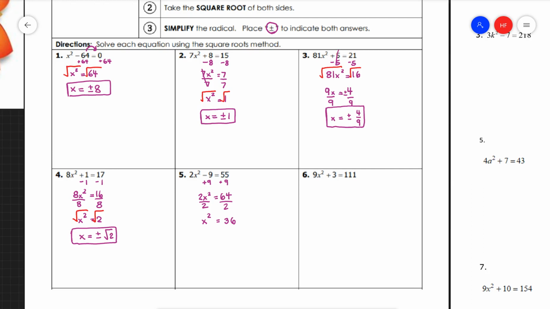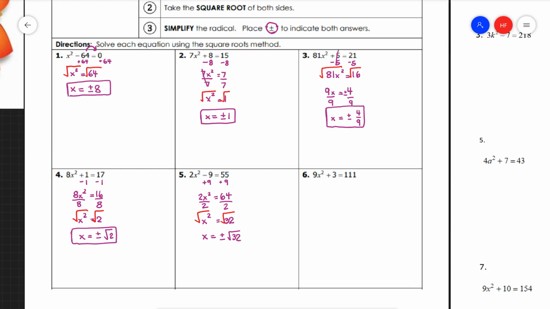No, it is not. It's 32. That's what happens when you try to do math in your head too quickly. And we'll take the square root on both sides. So we get x is equal to plus or minus the square root of 32.